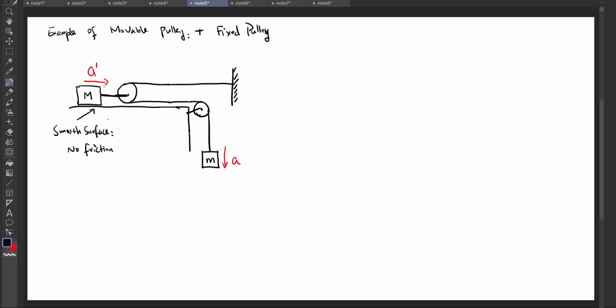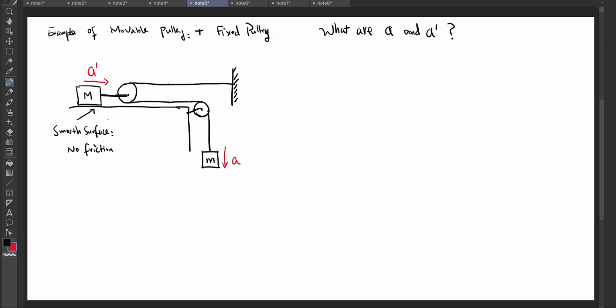So that's the problem setup, and the question asks how to calculate these two accelerations, a and a prime. Before I talk about anything else, like the relation between these two accelerations, let's first draw a free body diagram for the two masses.